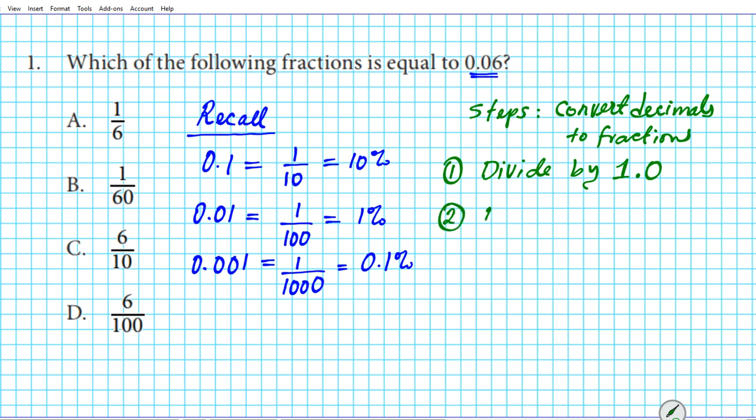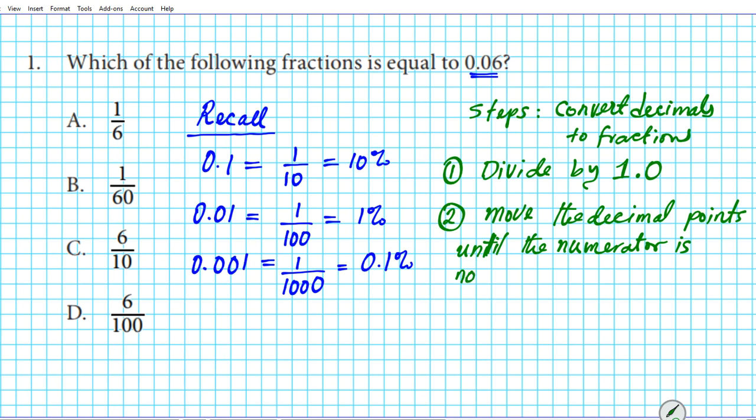Secondly, you move the decimal point. We are talking about the decimal points in the numerator and the denominator, right? Move the decimal points until the numerator is no longer a decimal.